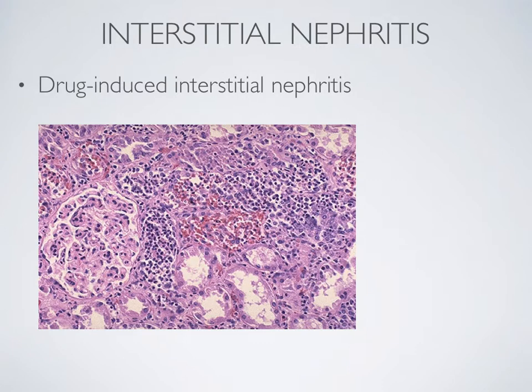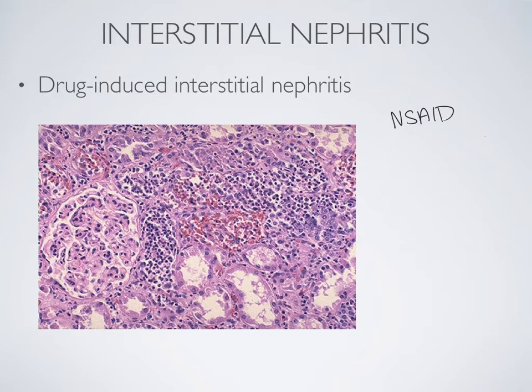So that's bacterial, that's infectious pyelonephritis. And then we have interstitial nephritis caused by other things. Most of the time it will be drugs. So drugs that can affect the nephrons, interstitium or the tubules themselves are NSAIDs.